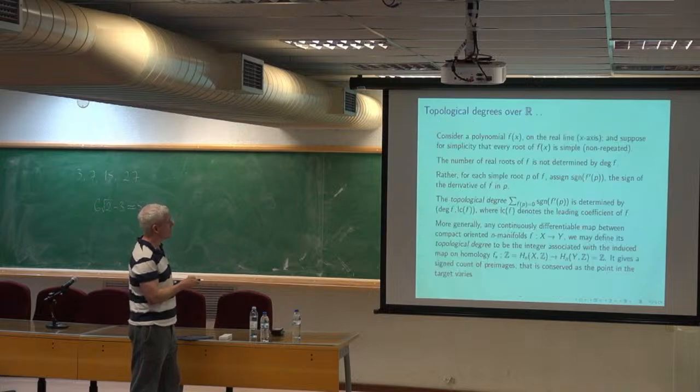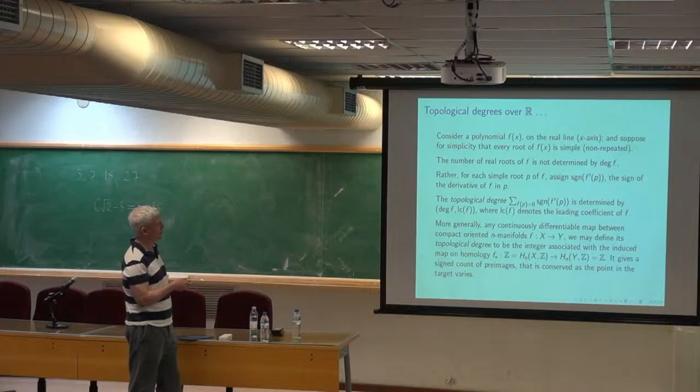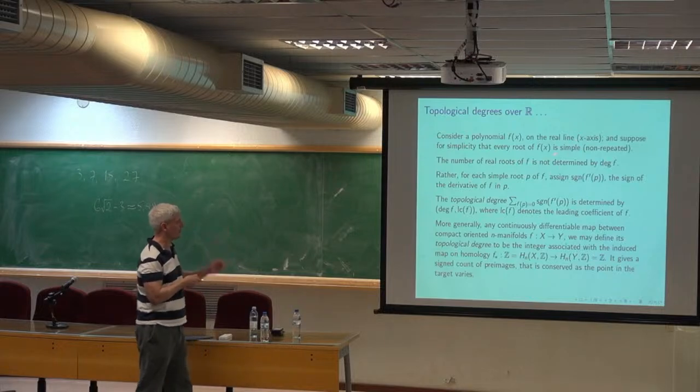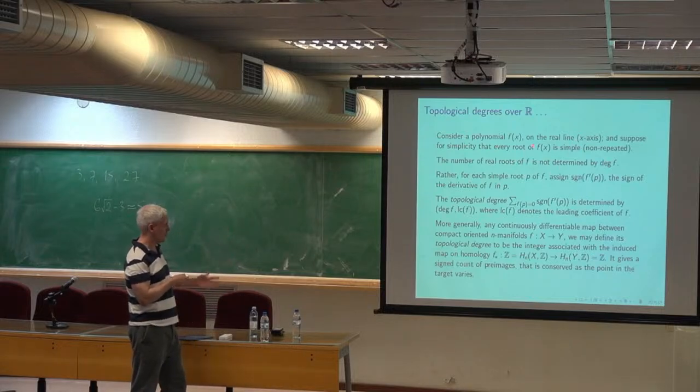So for example, a very simple thing you can try to do is count zeros of polynomials with signs. If you have a polynomial with real coefficients in a single variable with only simple roots, every time you see a zero, you count the sign of the derivative, either 1 or -1.